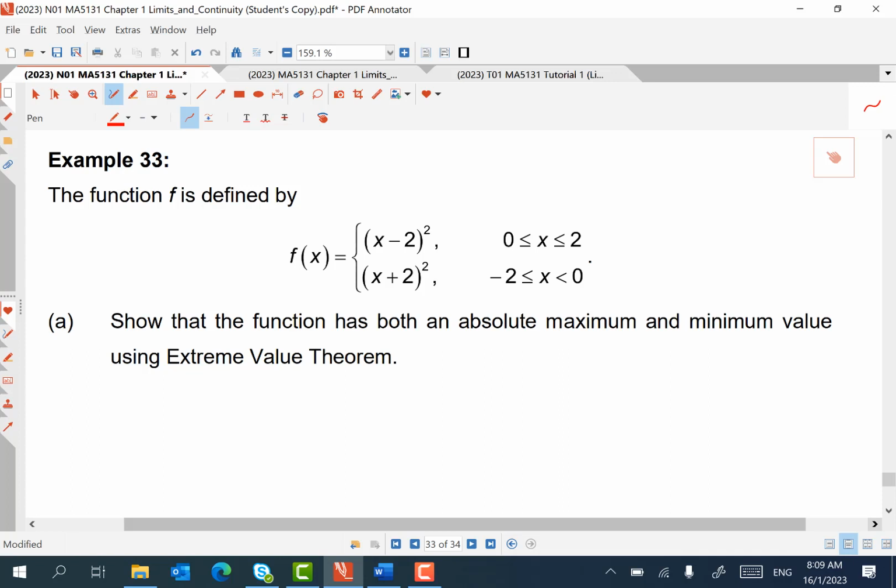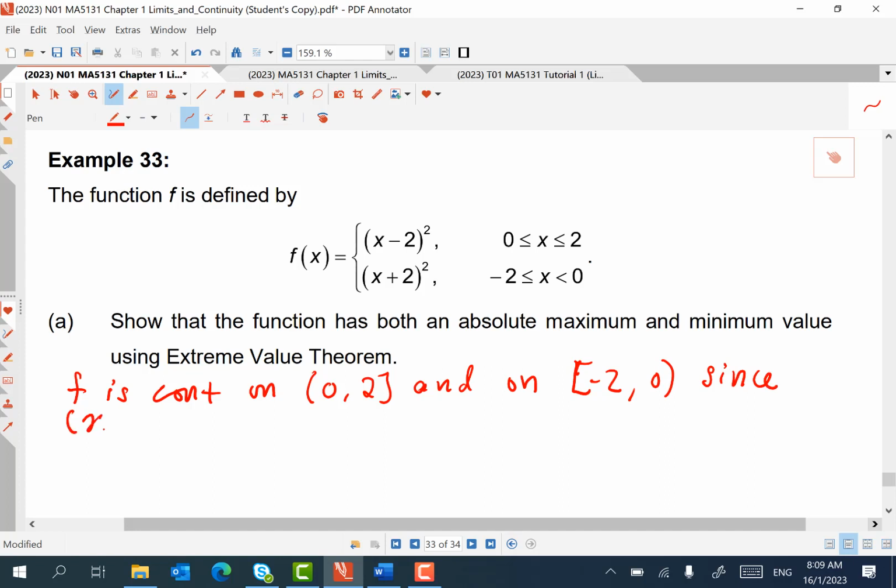So to start with, by its definition on the left and on the right, this function f is definitely continuous on 0 to 2 and on -2 to 0, since x minus 2 squared and x plus 2 are polynomials.